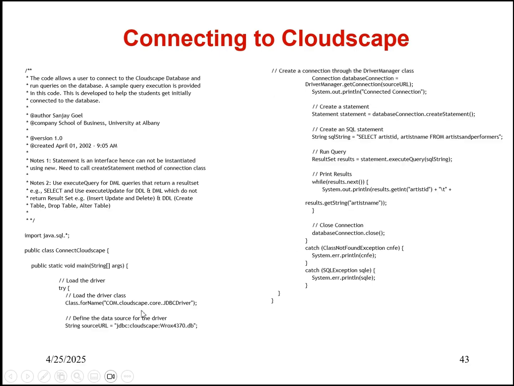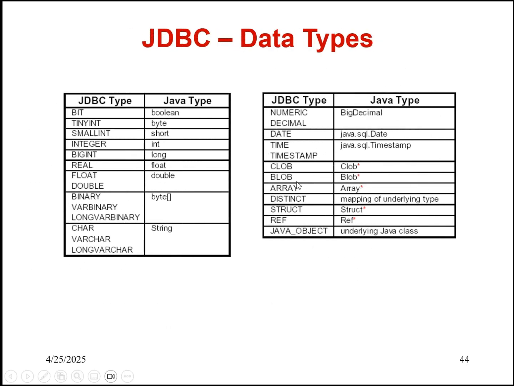Once you have mentioned the URL and driver, then you can create a connection. So DriverManager.getConnection of your URL, then it will be connected to your database. Then the remaining part is the same. You create a statement, specify your required select statement, execute it and display the data from your database.